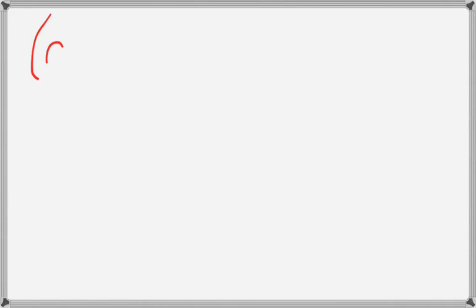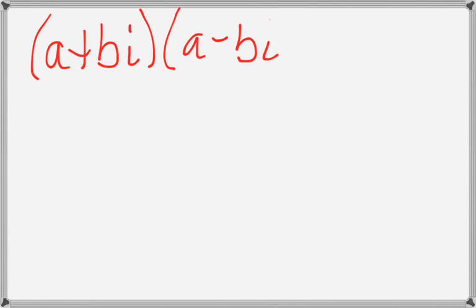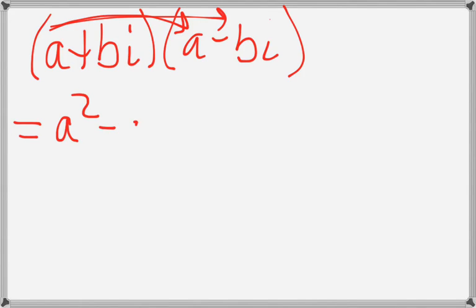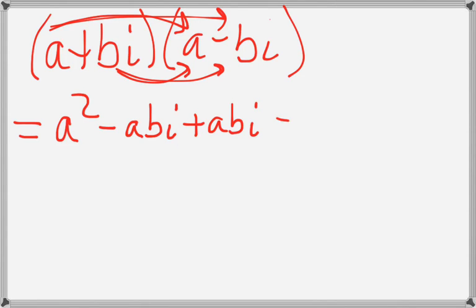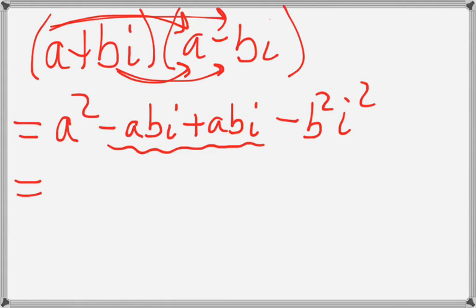But if they're complex conjugates and we multiply them, let's see what happens here. So we distribute the a, distribute the bi, so the two terms in the middle add to 0, and we're just left with the first term and the last term.